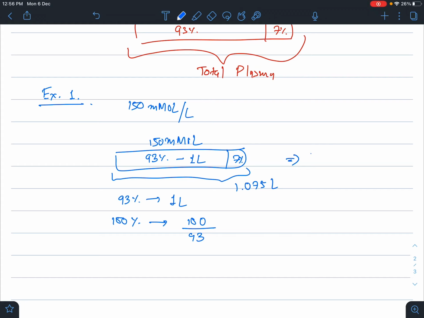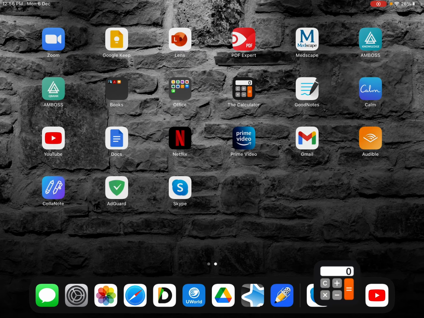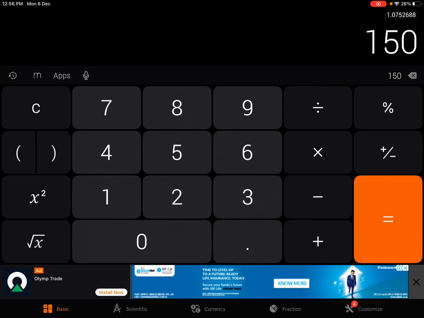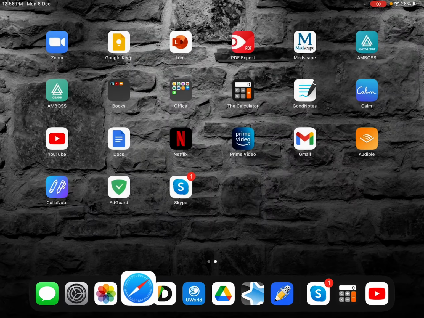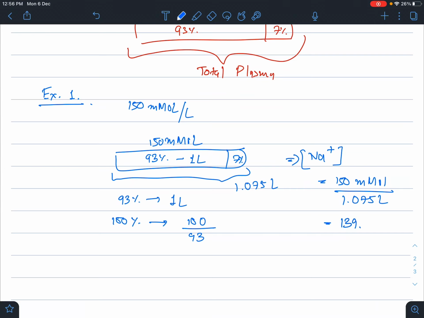So the laboratory detected the sodium as 150 millimole in 1.075 liter of total plasma, which comes down to the actual calculation that we get in the laboratory report, 150 upon 1.075, that is 139.53 millimole per liter, which is in the normal laboratory range.